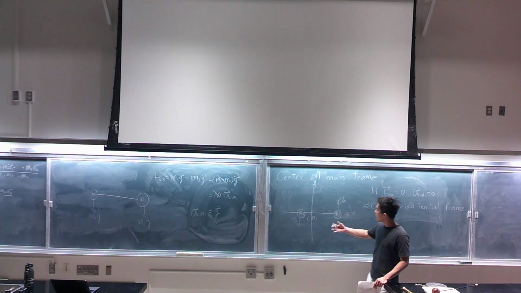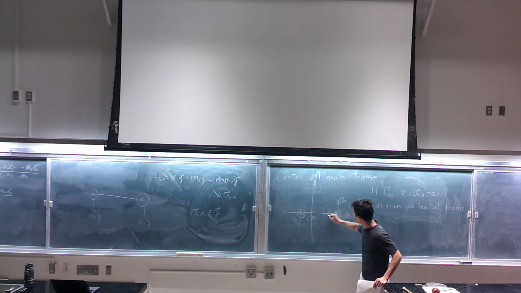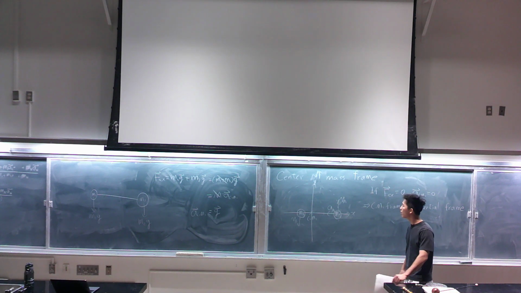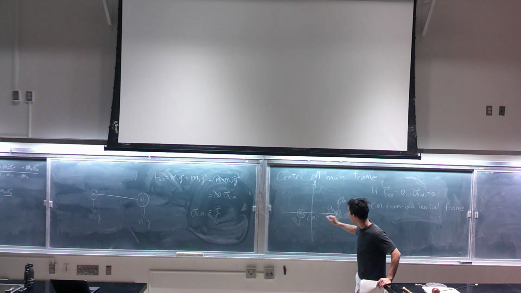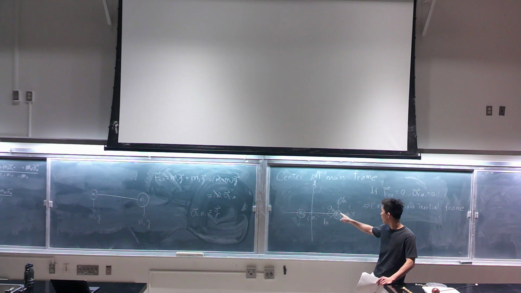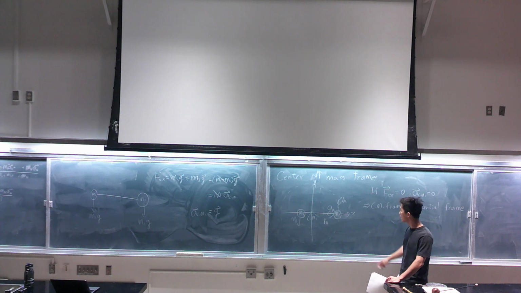So the first thing is the acceleration of the particle, which will be the circular motion acceleration. Let's call this Ra, the distance of MA to the center of mass. The acceleration on MA will be its own speed squared divided by Ra.